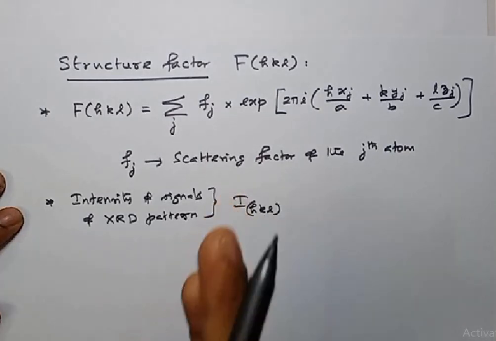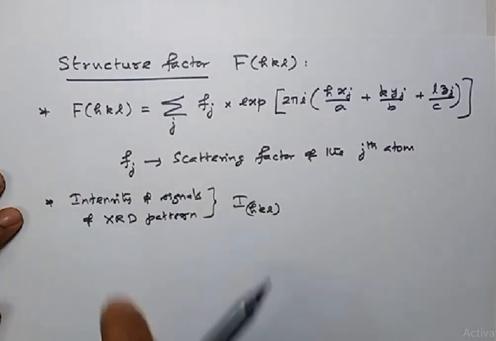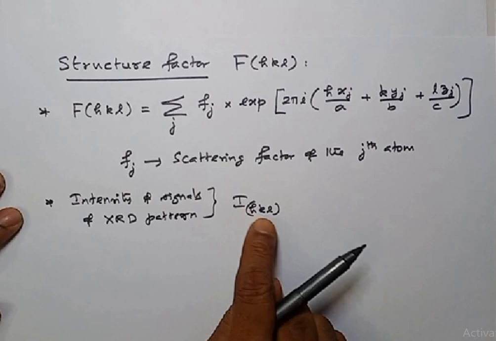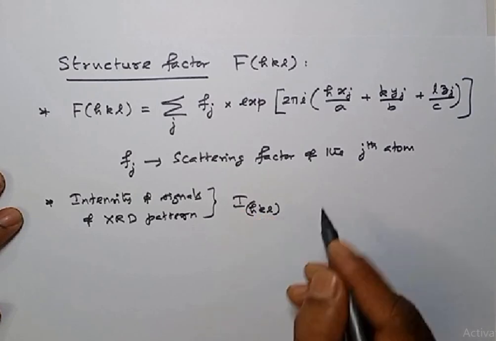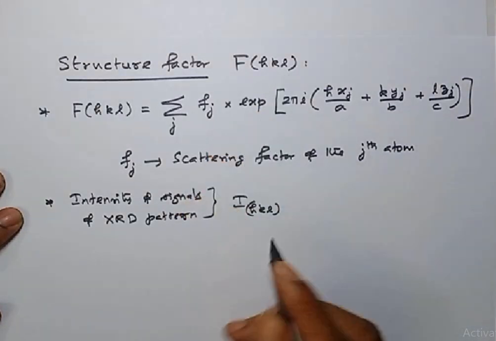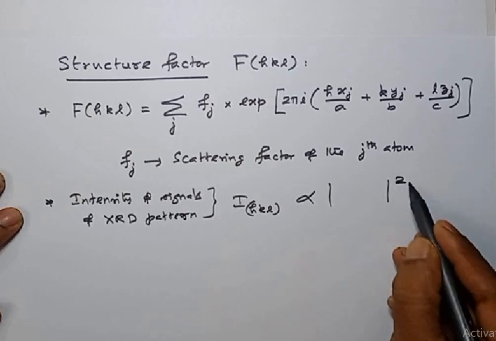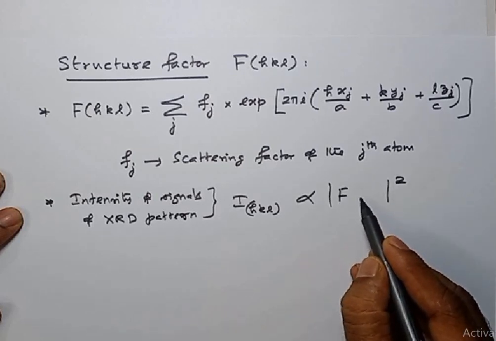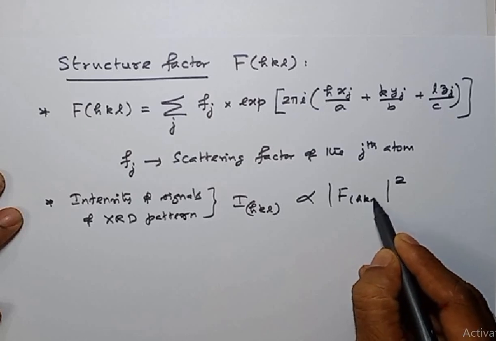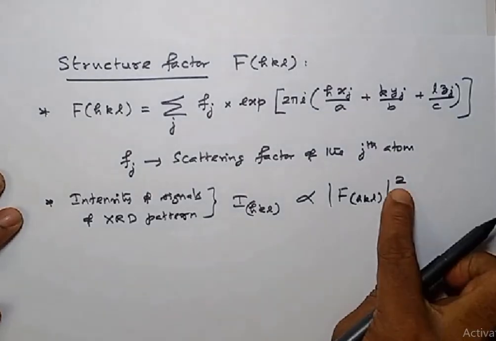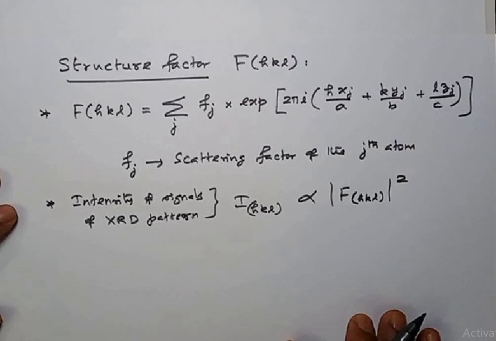You know, each family of HKL planes will give a signal, correct? So the intensity of a particular HKL plane which gives a signal in the spectrum is proportional to the square modulus of the structure factor F_HKL. Take down, square modulus of the structure factor F.